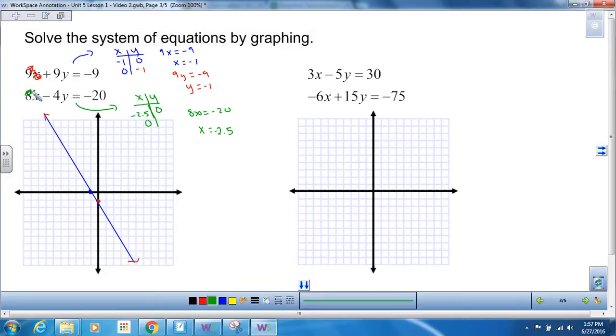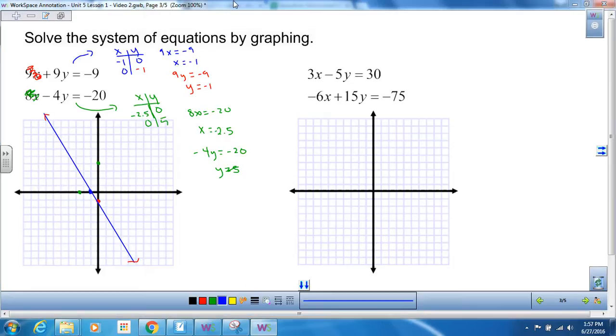And when you want to find the y-intercept, cover up x. y equals 5. Okay, so 0, 5. And negative 2.5. So just the best that you can, halfway between negative 2 and 3.